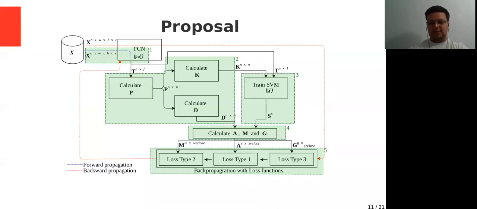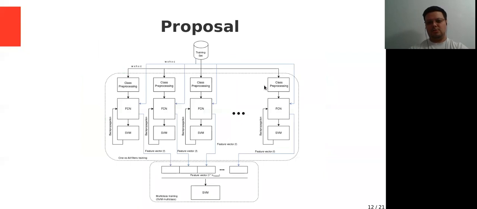As we use this large margin classifier, we only have 2 classes. It's a binary proposal. So to transform it into a multi-class proposal, we propose this one versus all scheme. What we do here is train n sets of FCNs and SVMs, with n classes.